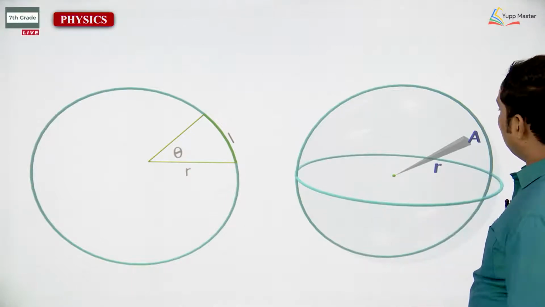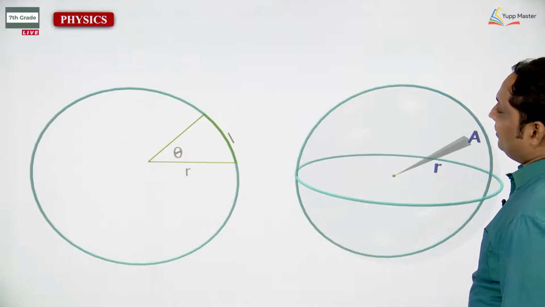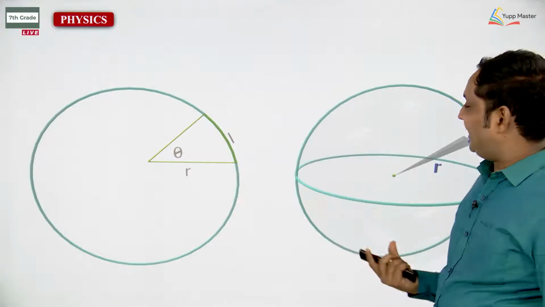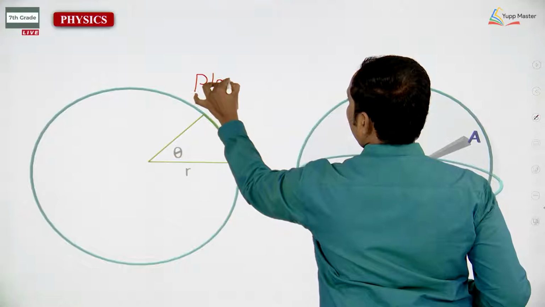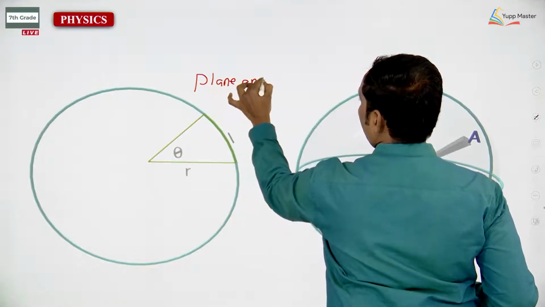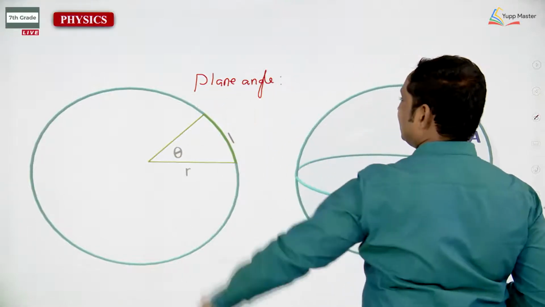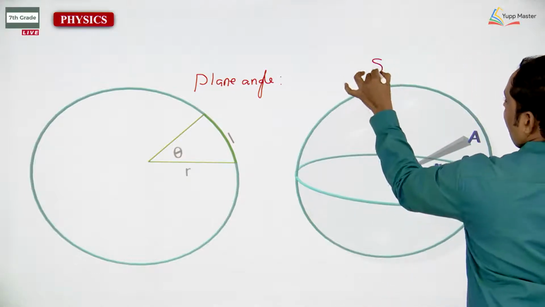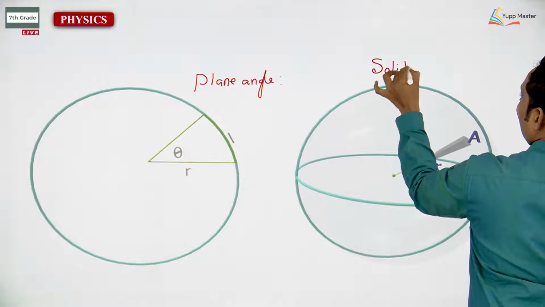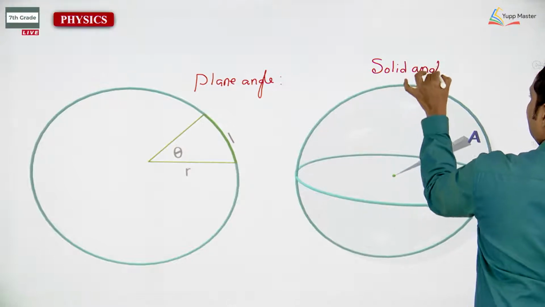That's what we are going to take, the plane angle and solid angle. Here we are going to take the plane angle. Right. Here we are going to take the solid angle. It is very clear.